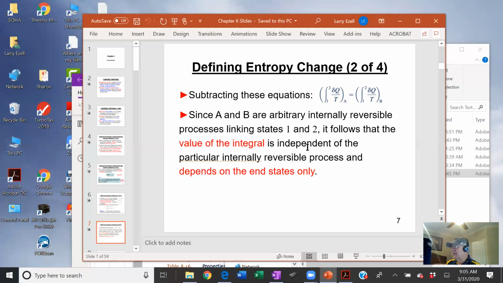So it follows that the value of this integral is independent of the particular internally reversible process and depends only on the end states. That's a big thing, that the entropy change depends only on the end states and not the process, not the path.